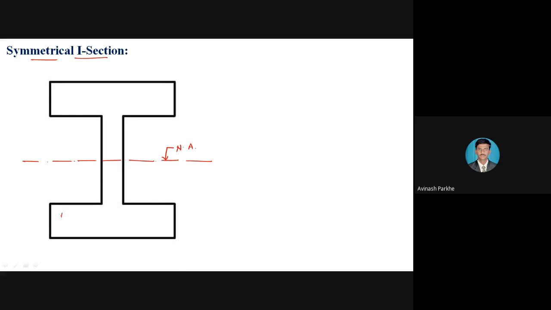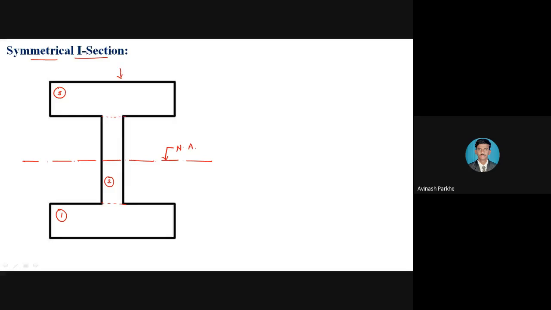So this is section number 1. This is 2. This is 3. If I join like this, this I section consists of 3 rectangles. This is section number 1, a horizontal rectangle. Then section number 2, a vertical rectangle. Section number 3, again a horizontal rectangle.